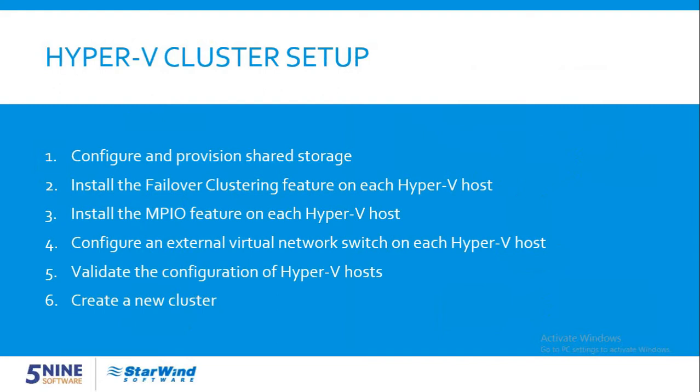Then you install the failover clustering feature on each Hyper-V host, and that is an absolute necessity, because keep in mind, if you want to have a cluster, you really need to have that role present on each of your Hyper-V hosts. Then you need to make sure that the MPIO feature is installed, configure an external virtual network switch, validate the configuration of Hyper-V hosts, and voila, you create a new cluster.